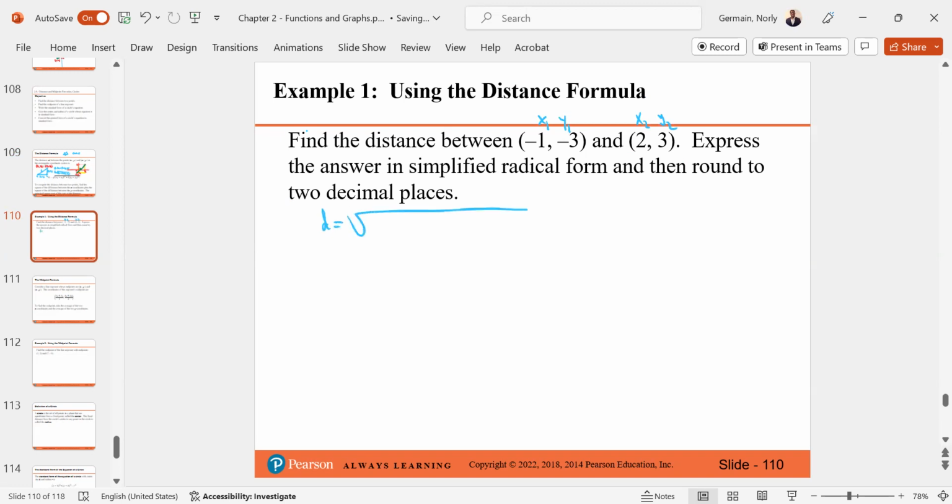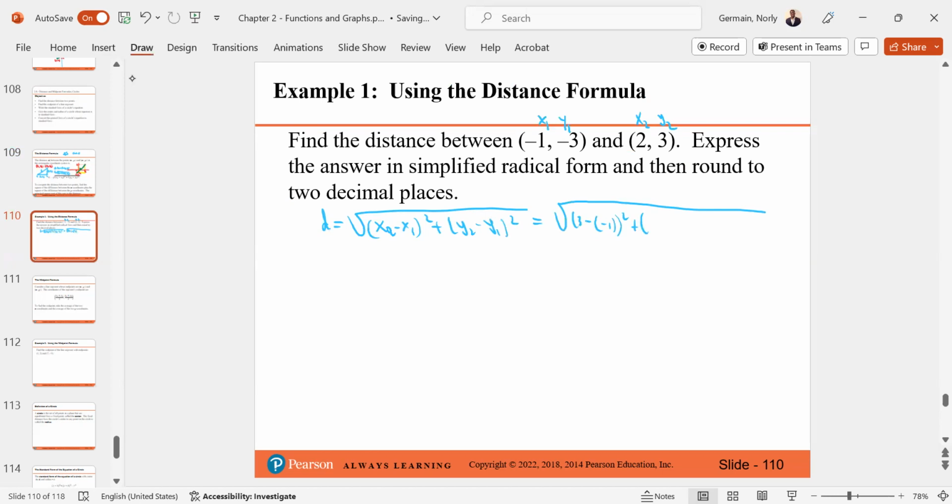it is x2 minus x1. Don't forget to raise it to power 2. Plus y2 minus y1. Don't forget to raise it to power 2. Now, we have those numbers. x2 for me is 3 minus x1 is negative 1, all power 2, plus y2.